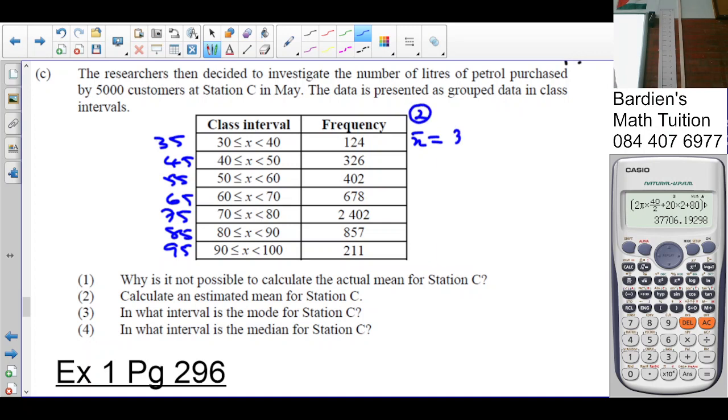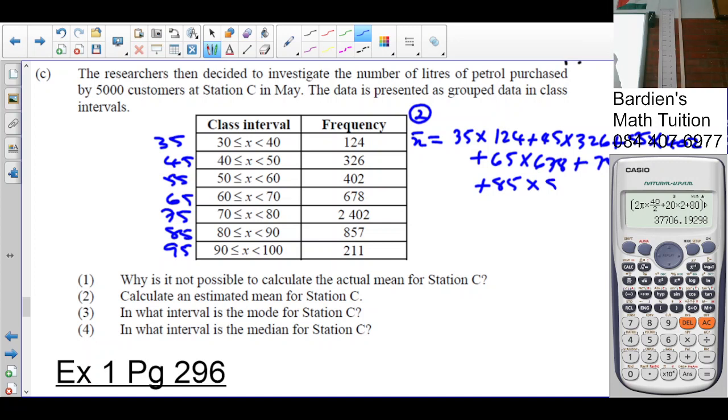It's going to be 35 times 124 plus 45 times 326 plus 55 times 402 plus 65 times 678 plus 75 times 2404 plus 85 times 857 plus 95 times 211.